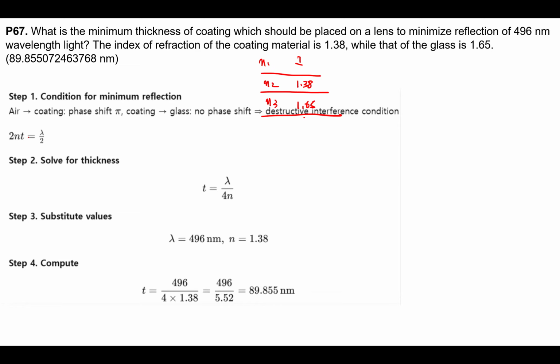So this is the path difference, and then it becomes destructive. Usually integer lambda becomes constructive, and m plus half integer becomes destructive, as in the case of two slit.